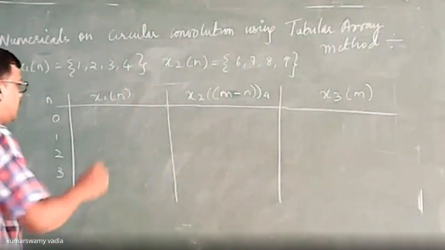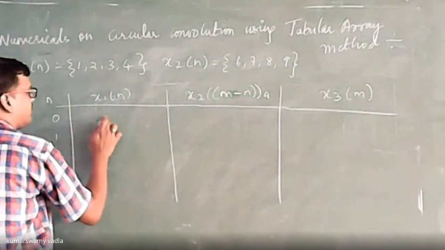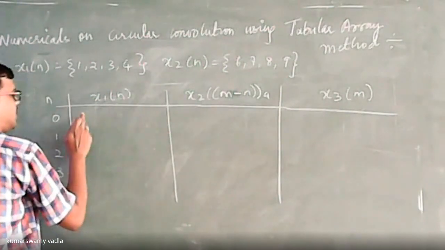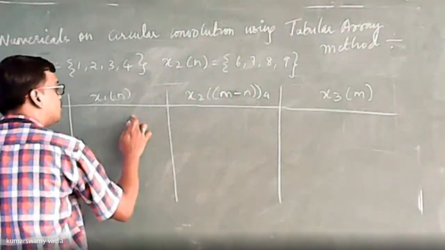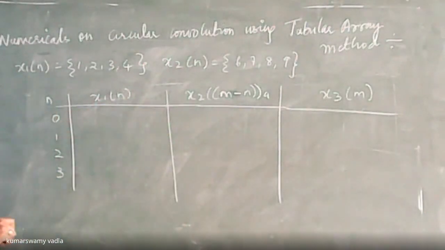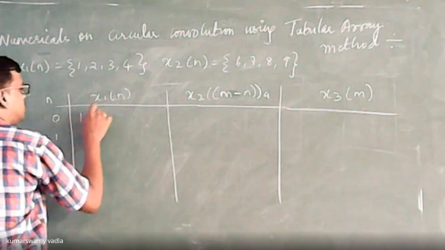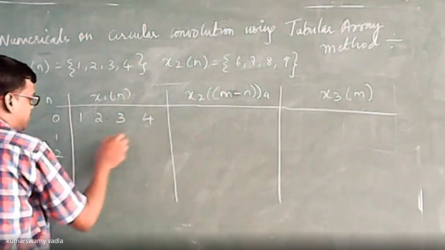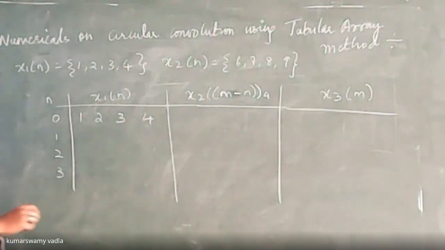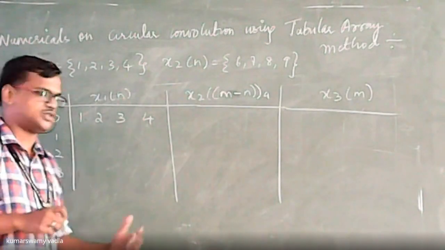Right? Now, what you have written down is the generalized one: x1 of 0, x1 of 1, x1 of 2, and x1 of 3. So what are those values? 1, 2, 3, 4. The same persists for the other 3 rows as well, as you can see from the last class notes.